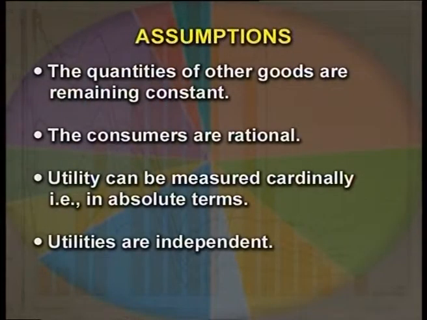Now, the other assumption we have is that utilities are independent. We know that many items are consumed by the consumer, and if the satisfaction he derives from one commodity affects the satisfaction derived from another commodity, then there would be a problem in trying to measure utility.